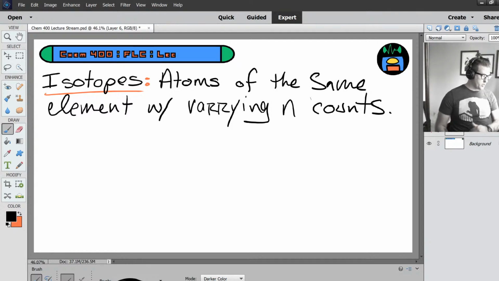Now you may be wondering, how do you know how many neutrons a particular atom has? The neutron count of an atom of an element is nowhere on the periodic table, because they vary too much. There's no way of including this information in a systematic way. So you will not find your neutron count on the periodic table.